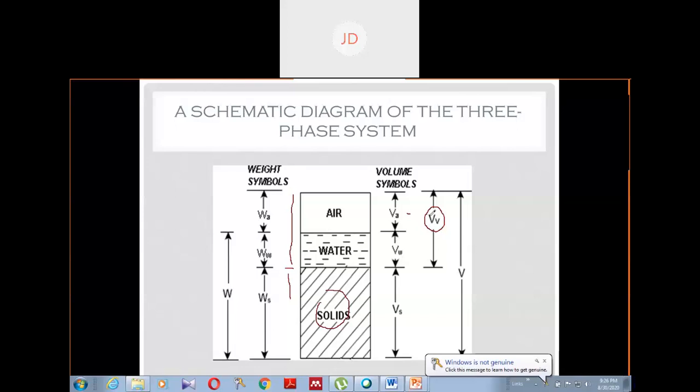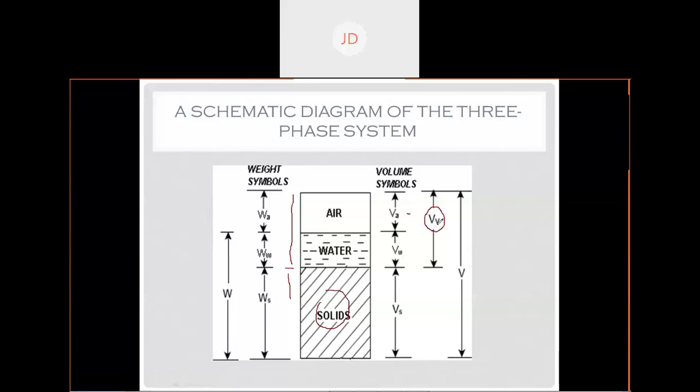Then the volume of void is equal to the volume of air. So the volume of voids will be equal to the volume of air, or the volume of water, or the summation of both. It depends on what type of soil it is, whether dry soil, fully saturated soil or partially saturated. Now can you understand?